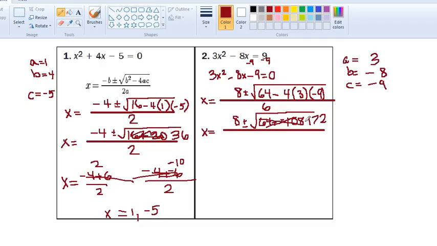Now you'll find that 172 doesn't have much you can do as far as factoring out on this one. So for our purposes right now, it's not a perfect square, so we'll just call it square root of 172 since we're using our calculator. Now that's still over 6. Okay, so for our purposes for this lesson, we can split this up into two separate answers.